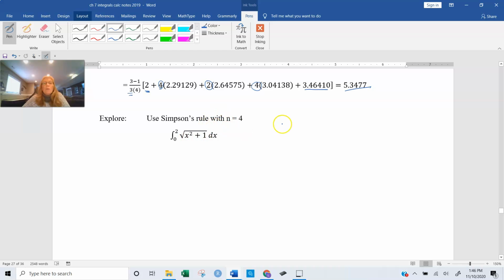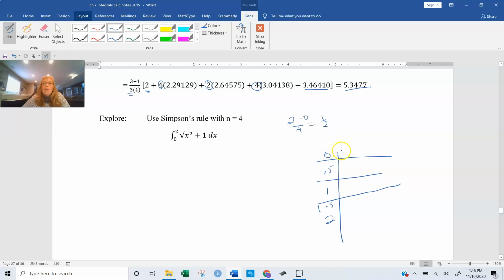So now again, n equals 4, so you should have taken 2 minus 0 divided by 4. You know you're going by halves. So in your little table, you should have started at 0, went up by a half, 1, 1.5, and 2.